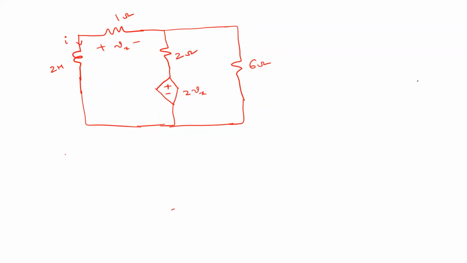So initial conditions are given, right? I of 0 is given as 7 amperes. Find I of t and Vx for t greater than or equal to 0. So this is also the same. Find I of t and V of x for t greater than 0.